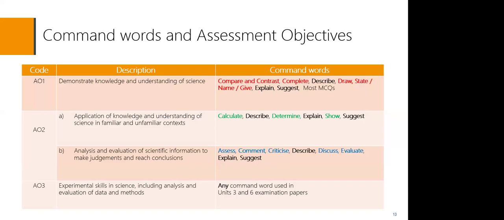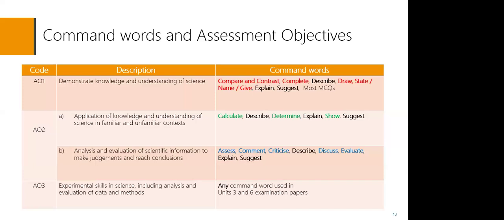Some will be generally associated with AO2A. Those are the ones in green, such as calculate, determine, show. Others will be largely restricted to AO2B, those in blue: assess, comment, criticize, discuss, and evaluate.